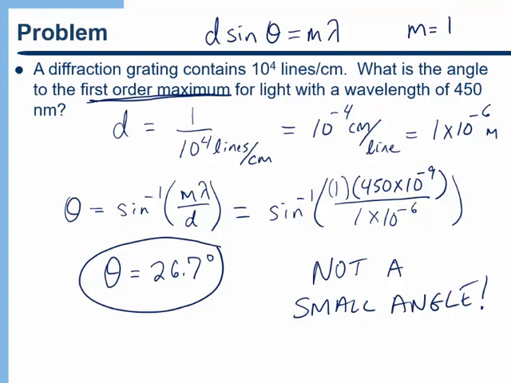That's why we use a diffraction grating: because the lines are so close together, the angles will be much bigger, and that means we can make more accurate measurements. So that's exactly what we want, but the thing to remember is don't use the small angle approximation when you're dealing with a diffraction grating, because it won't be right.